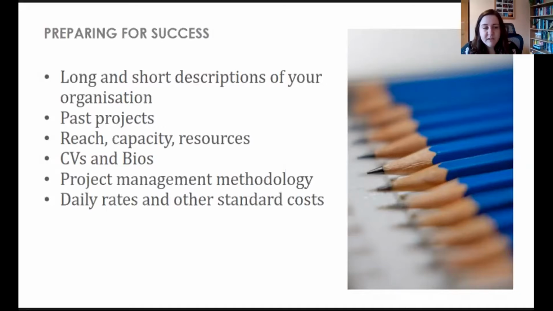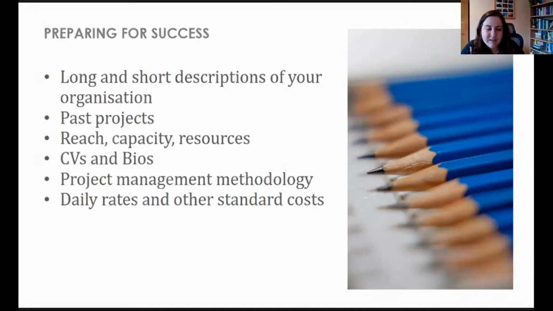So the next thing is daily rates and other standard costs. If you're likely to be applying for staff time, it's worth figuring out what the daily rate is for each of your staff members. It makes it easier when filling out the budget, and it also means that you're being consistent and not applying to the same funder with 2 different daily rates for the same person, just because of not having a uniform system for that.